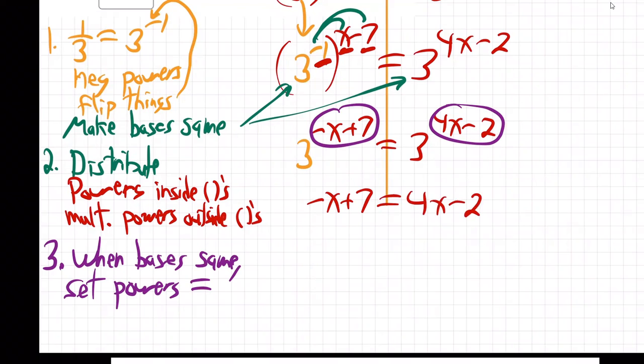Right? Once the bases are the same, we can set the powers equal. Because if 3 to something is equaling 3 to something else, those somethings, those powers must be equal.